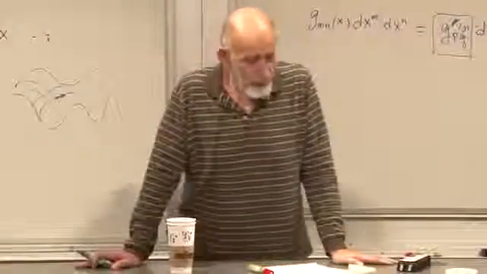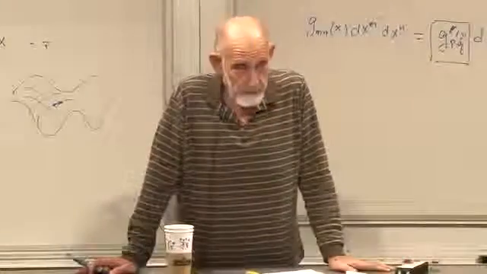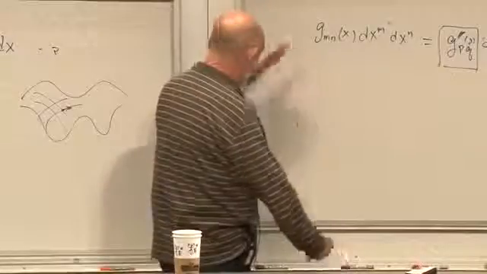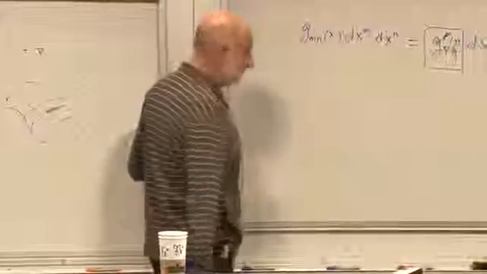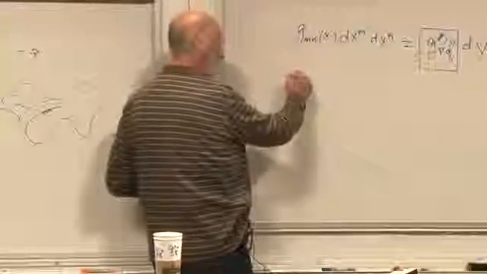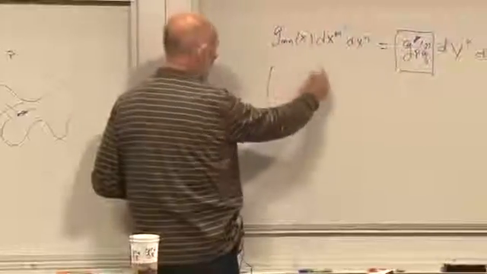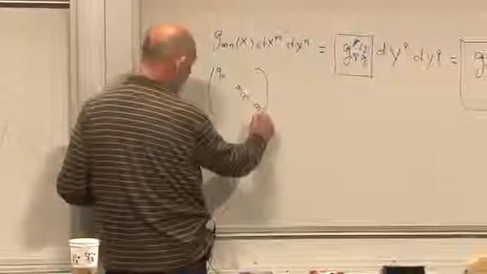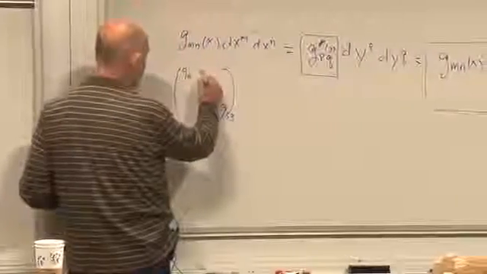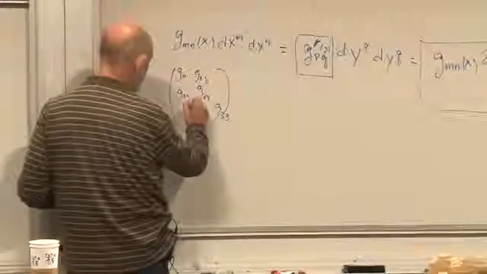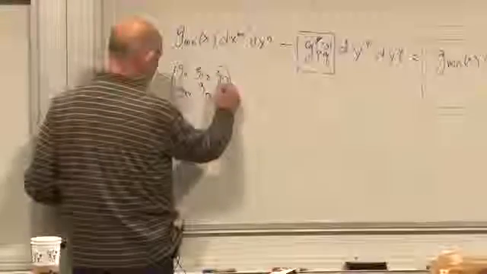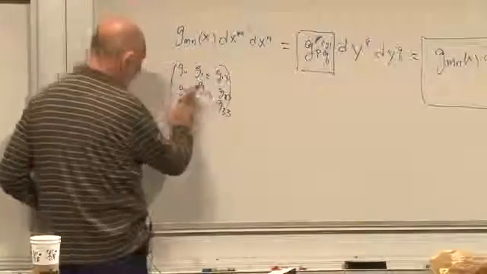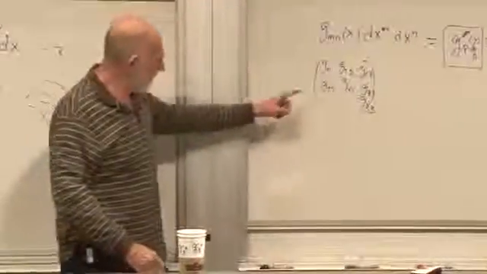Okay. Now, the metric tensor is also just a matrix. It's a matrix with mn indices. This is just a matrix, GMN. G11, I'll write it in, for three-dimensional space, G22, G33, G12, G12, G13, G13, G23, and furthermore, it's a symmetric matrix.